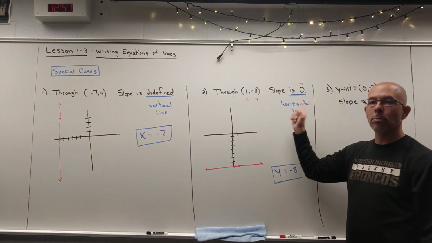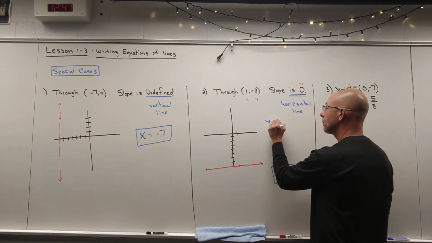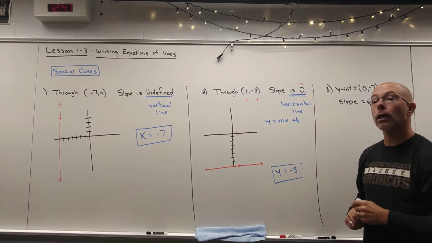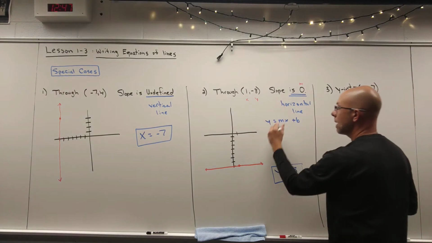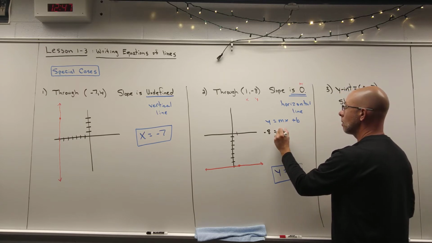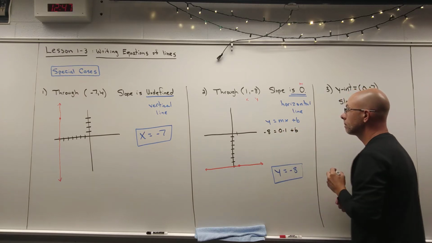But this one, I could plug things into the y equals mx plus b, and it will mathematically work. The y is -8, the m is 0, the x is 1, and the plus b.